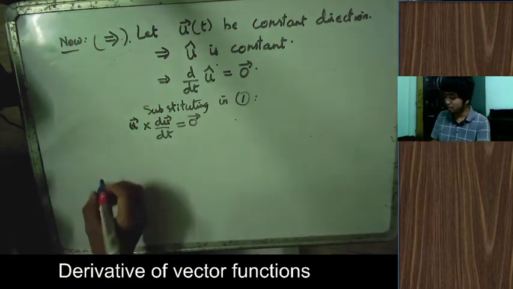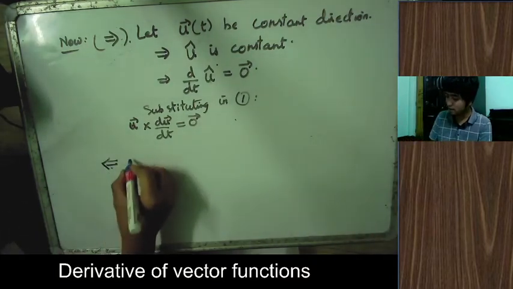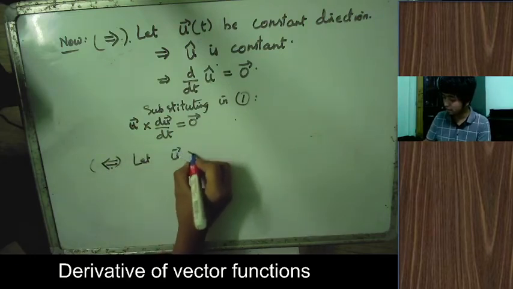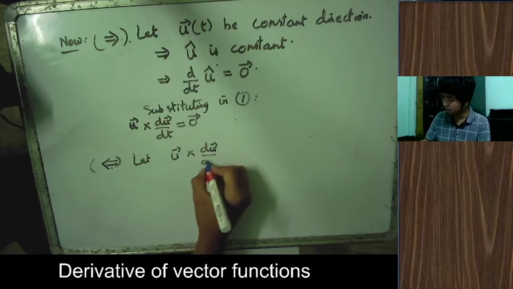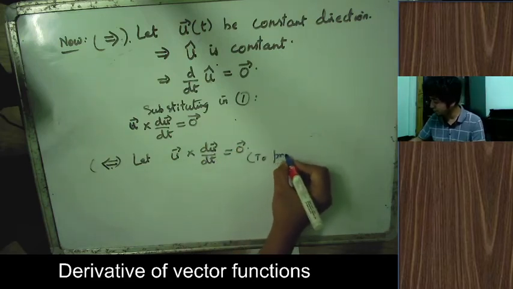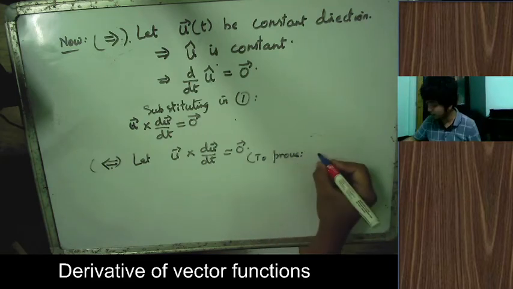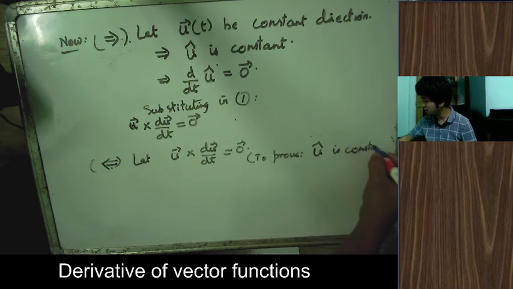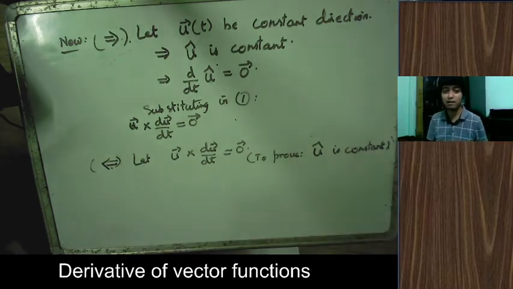Now let us do the converse. Let this one be 0. We need to prove that the direction is constant. We'll keep that in mind.